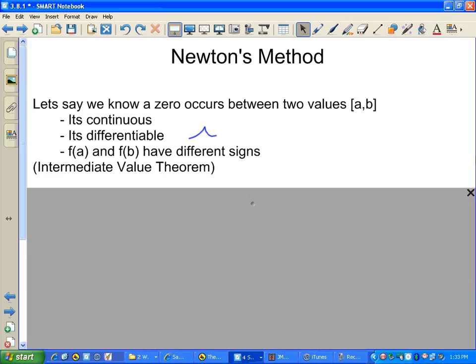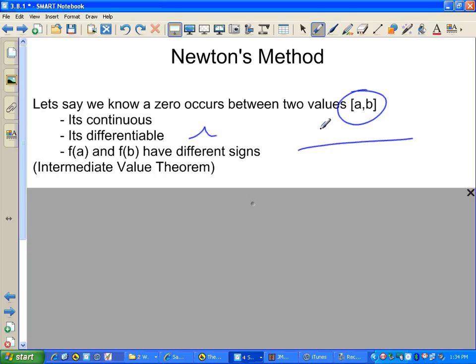So for Newton's method, we've got a 0 somewhere between these two random points, okay? And that's what this last condition means: the function at this starting point has to be one sign, and the function at the ending point has to be a different sign. That's just saying that we can see that there's a 0 between there, right?